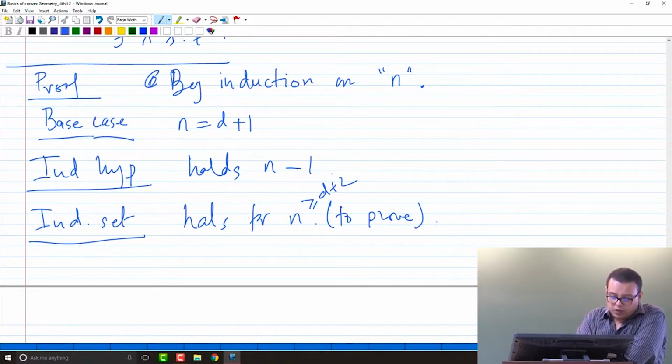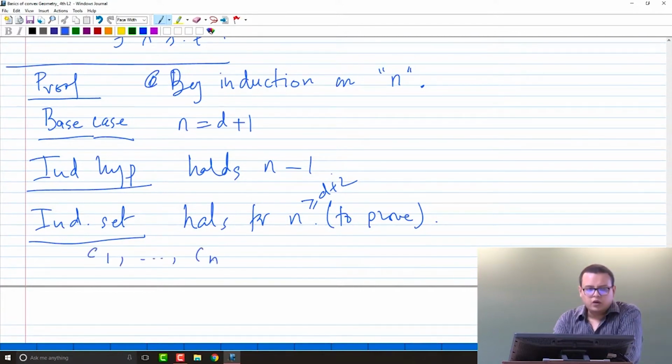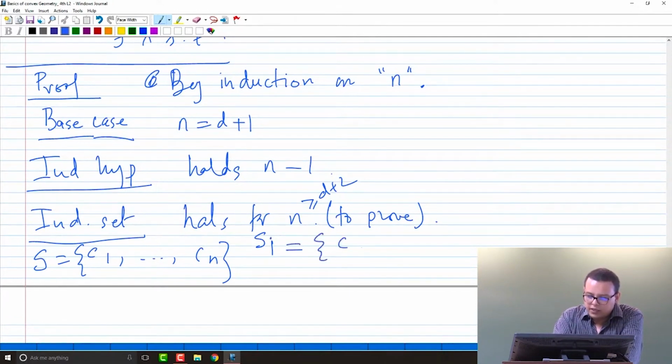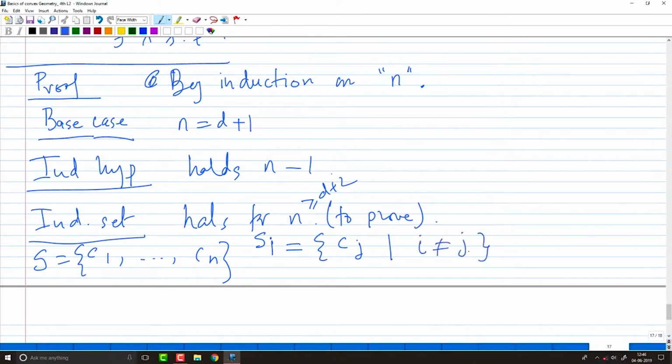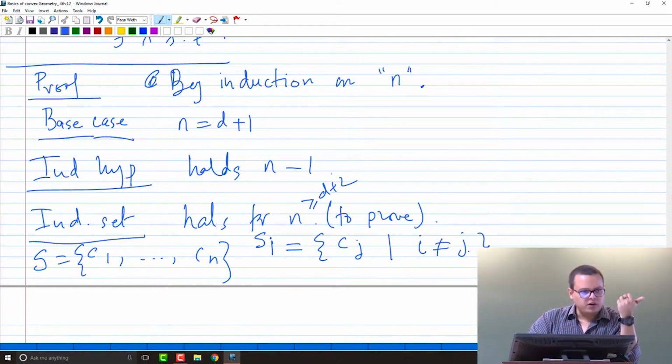So now, let us do this. Let the convex bodies be again C1 to Cn. From this original set, let us call this set S, I will build n sets. Si will be all Cj's such that i is not equal to j. So, S1 contains all Ci's except C1, S2 contains all Ci's except C2, like this.